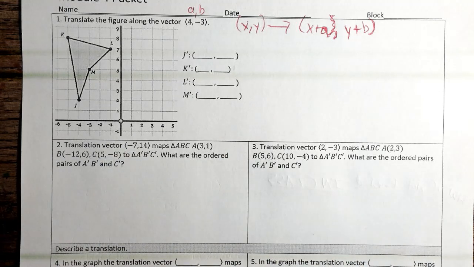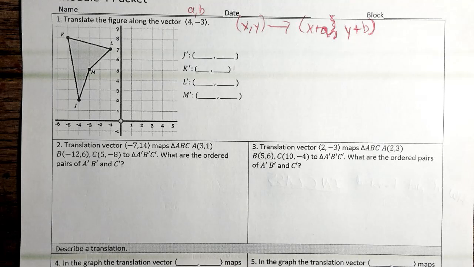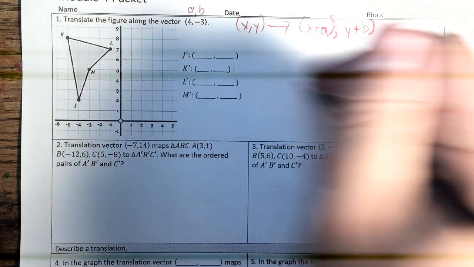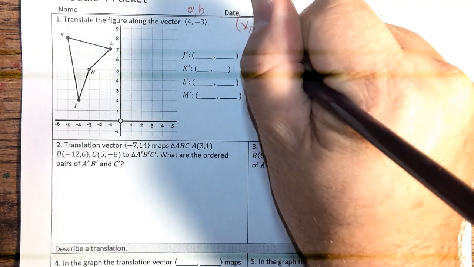Okay, and then so let's do this. We'll go with this color. First thing we're going to do, I'm going to plot our points over here. That's what our (x, y) is.